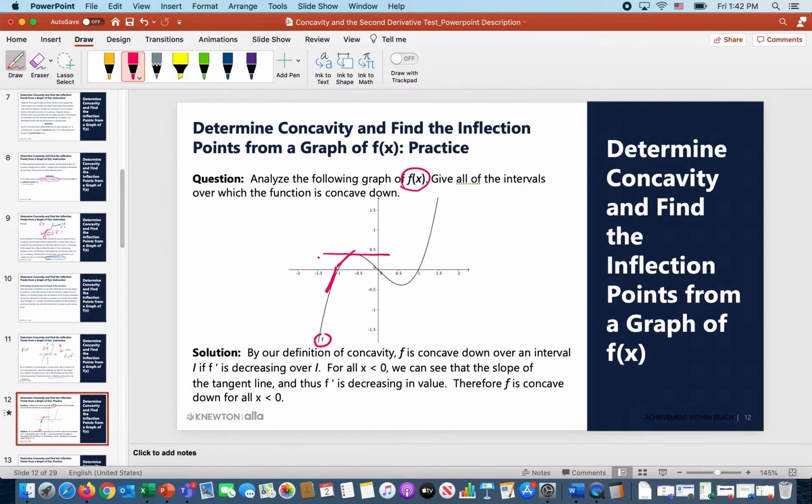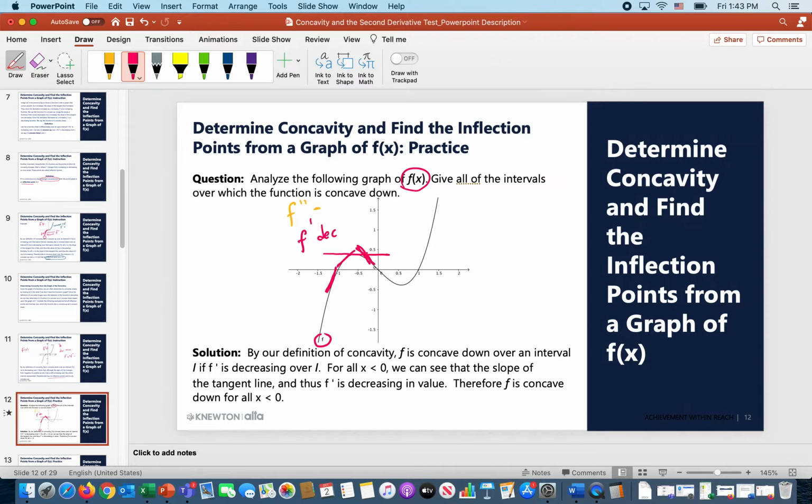So on this side, f prime is decreasing. The slope of those tangent lines is decreasing. And when f prime is decreasing, that means f double prime is negative. Now on the other side, those tangent lines start to get more and more negative.